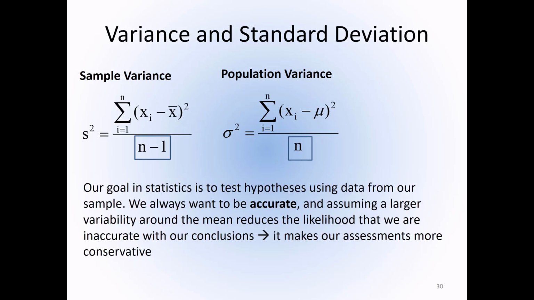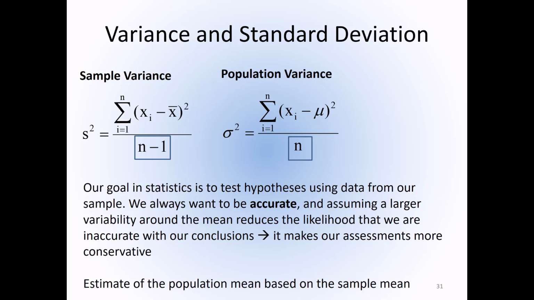This is important for statistics in that we're using sample data to make inferences about the population. We know that our sampling is imperfect, but we do the best that we can, and in doing so, we make sure that our estimates are a bit more conservative than what they may possibly be, so that we are making our assessments appropriately.